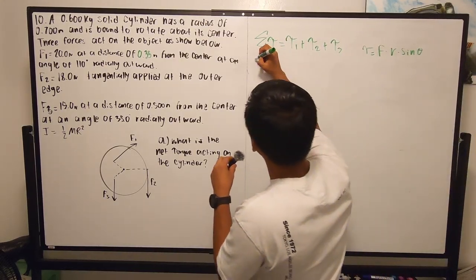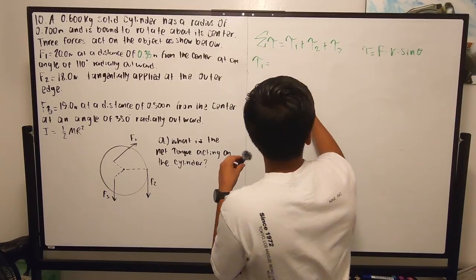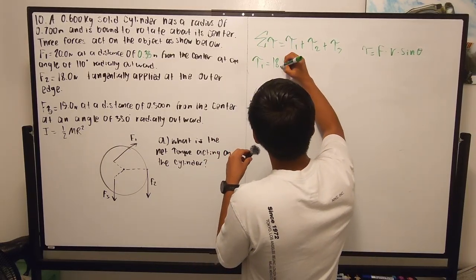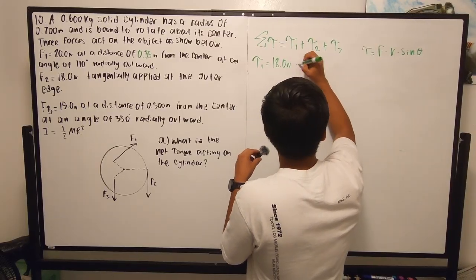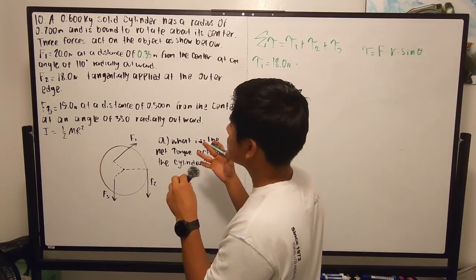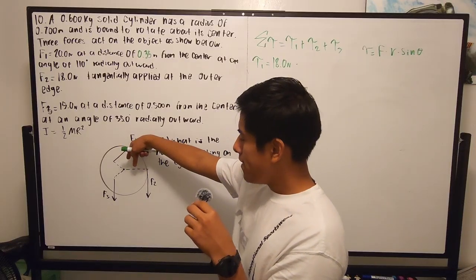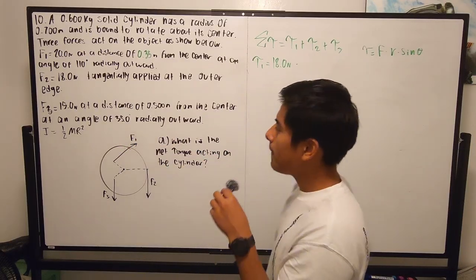So I'm going to solve for torque 1, which is equal to the force, multiplied by the R, which in this case is just the distance that it's being applied from the middle.